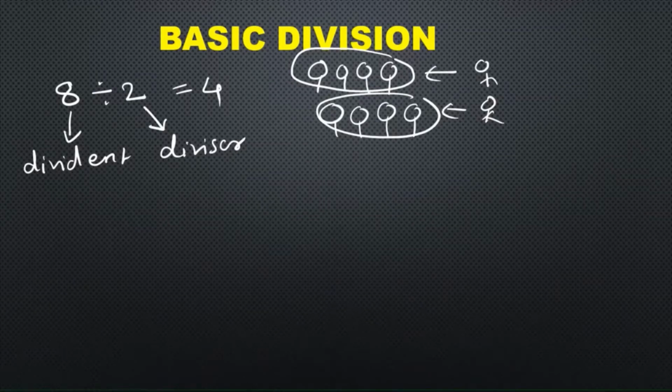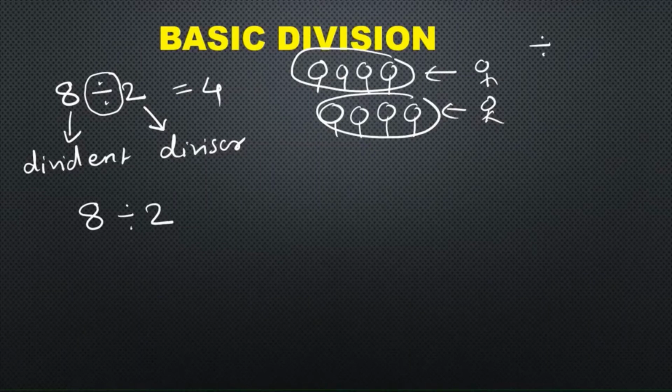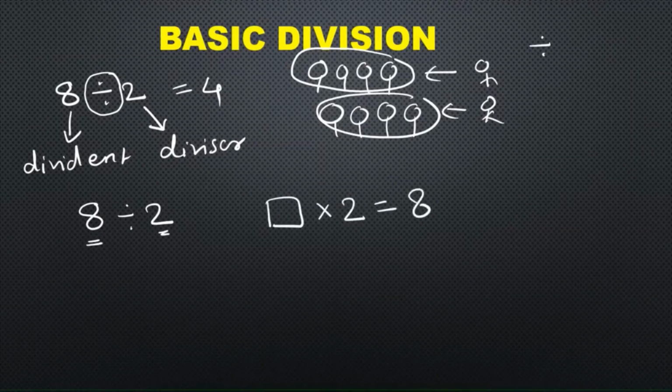So you can see here we have used this symbol. So this is division symbol. I write the example again here, 8 divided by 2. Here 8 is multiple of 2. When we multiply that number by 2, we get 8 and that number is 4, means 2 times 4 equals 8.